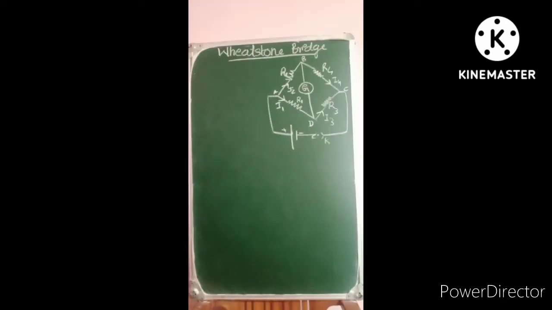In today's class we are going to study the Wheatstone Bridge. This is the next part of the syllabus of current electricity. The Wheatstone Bridge works on the principle of Kirchhoff's rules, the junction rule and the loop rule, which I have already covered in the previous video.